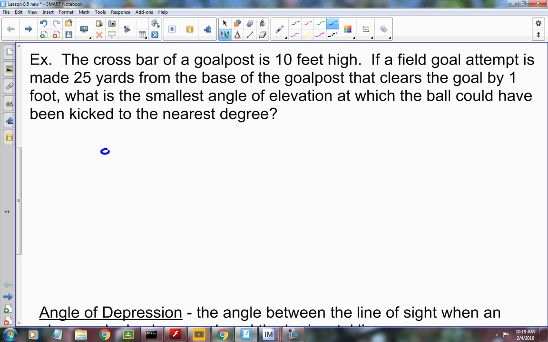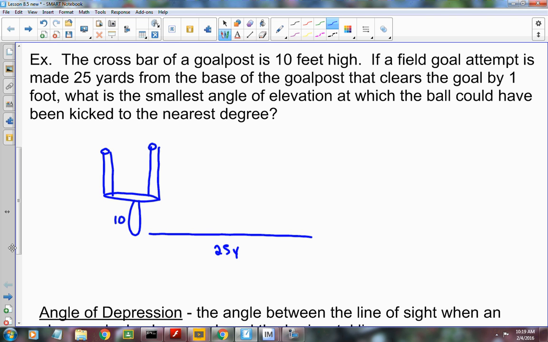So we have a goalpost, and it says that the crossbar is 10 feet tall, and you have this guy who is 25 yards from the base of the goalpost, and he wants to kick the ball so that it clears the goalpost by 1 foot.